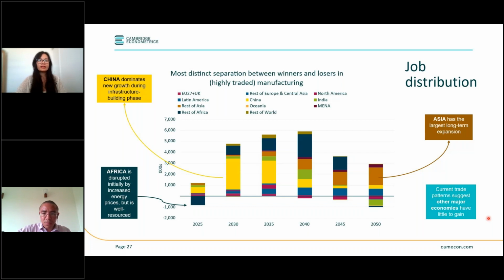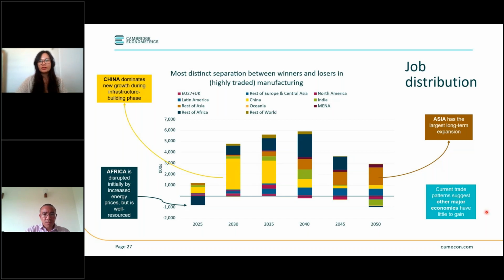In this scenario setting, the model projects that most of the benefit will accrue to emerging and developing economies, which currently have comparative advantage in producing and exporting manufactured goods, whereas under current trade patterns, there would be little to gain in terms of manufacturing jobs for developed economies.